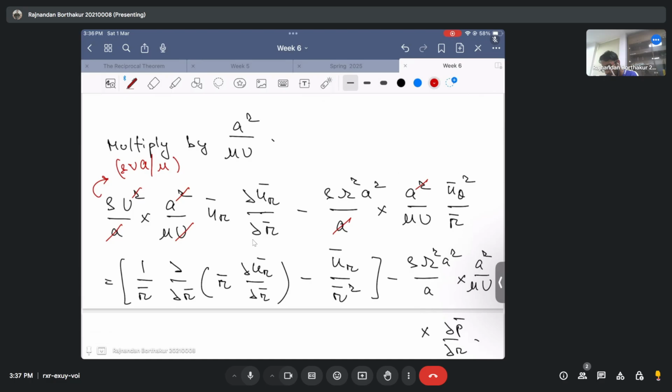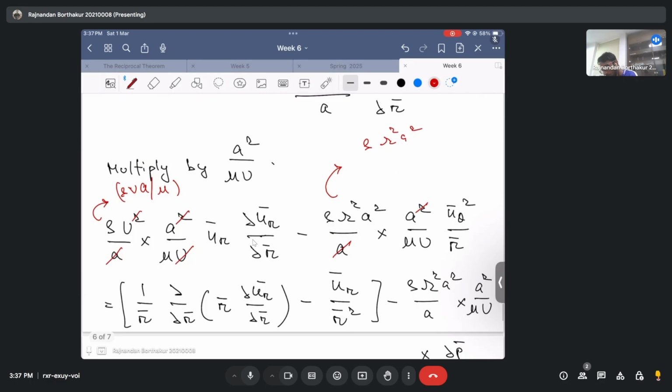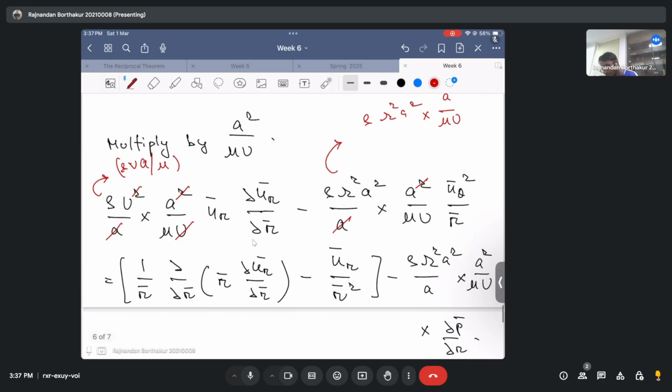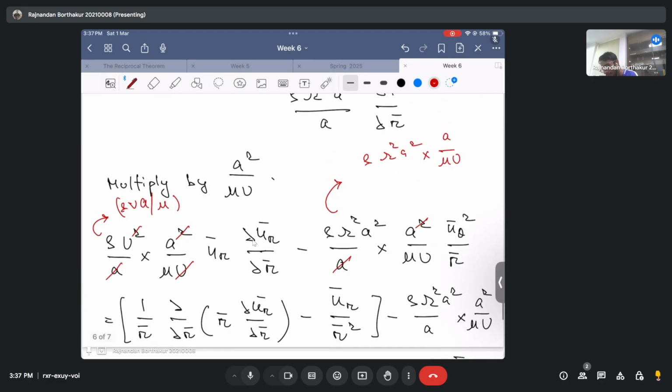All right, so what can we write about this term? Okay, so let's simplify this term and let's see what do we get. So I have rho omega squared a squared times a by mu u. So what I will do is I'll multiply this above and below, I mean, I'll just multiply this with u basically.